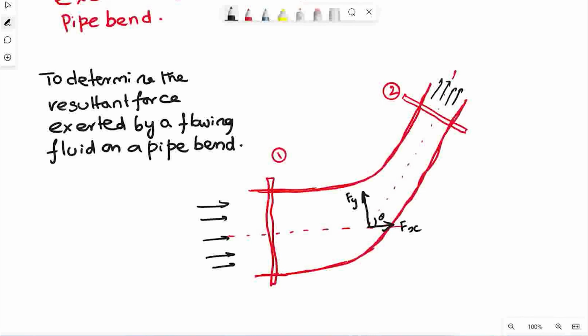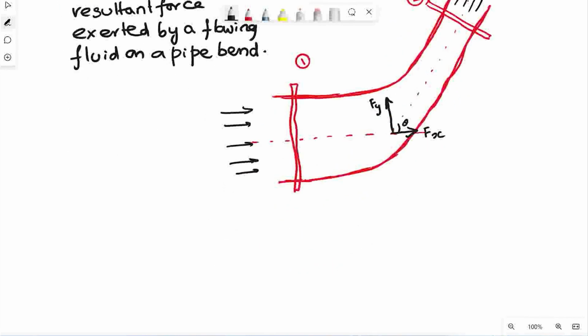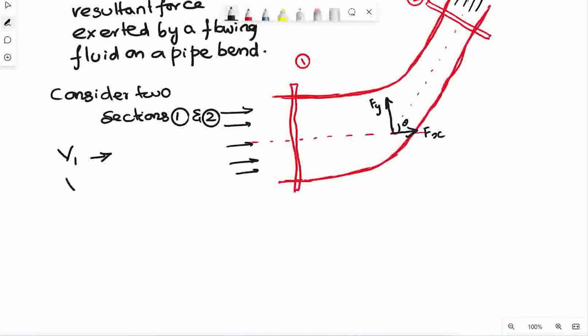Now I have taken already two sections as explained. Consider two sections, 1 and 2. Let V1 be the velocity at section 1, V2 the velocity at section 2.